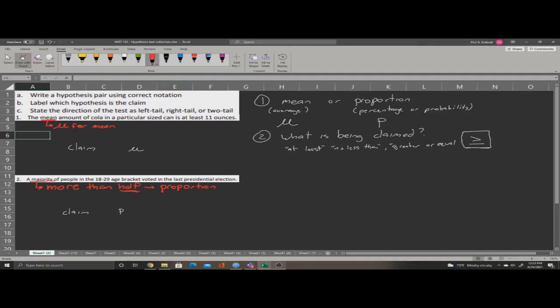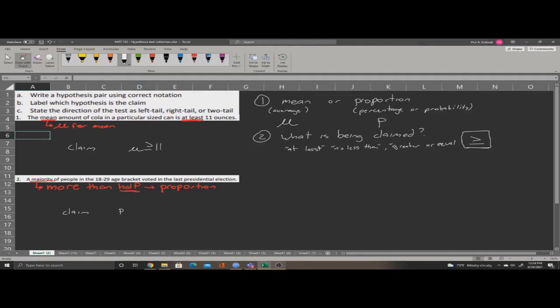So look for these words inside of the claim. Now, in problem 1, it's being claimed that the mean amount of cola is at least 11 ounces. So at least means greater than or equal to 11.